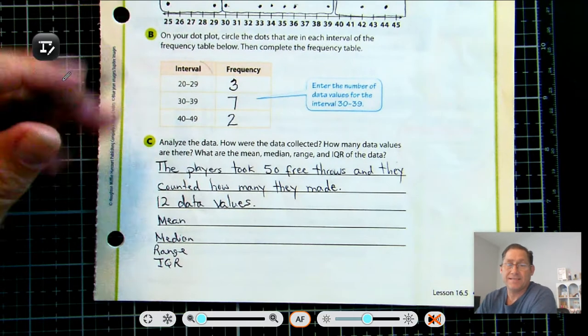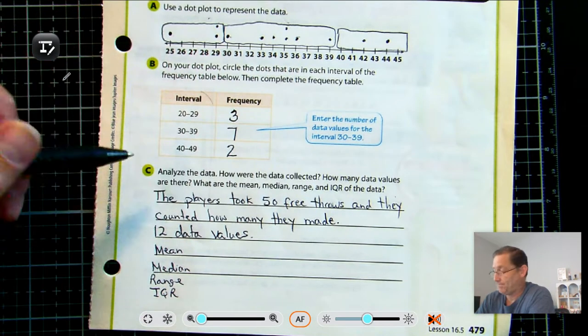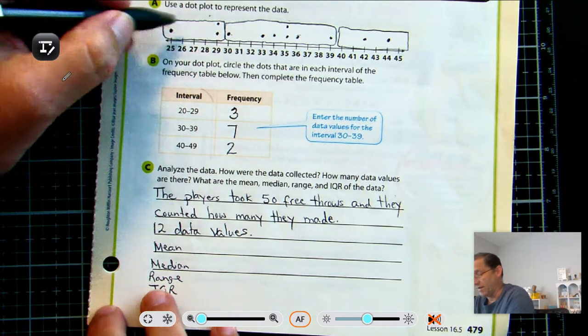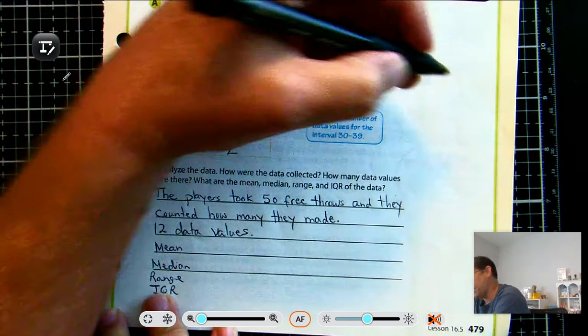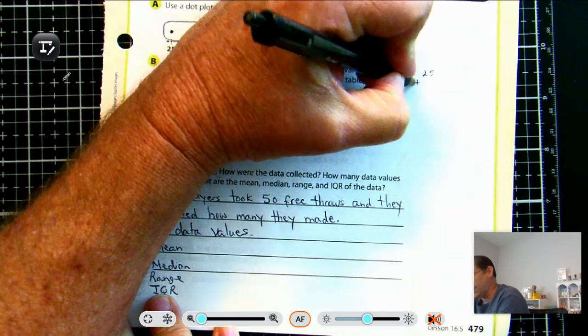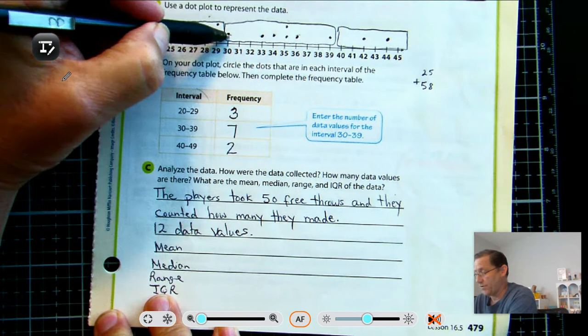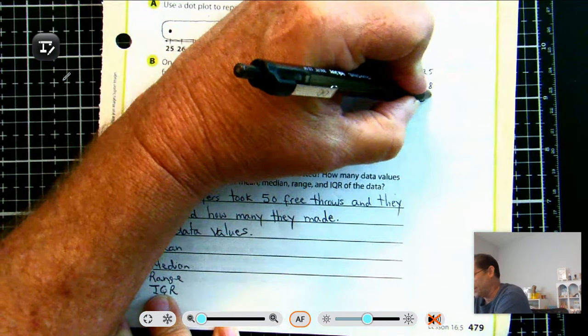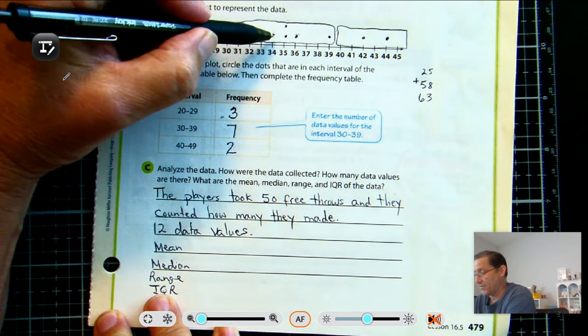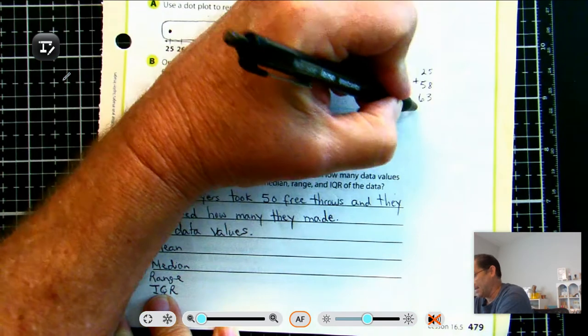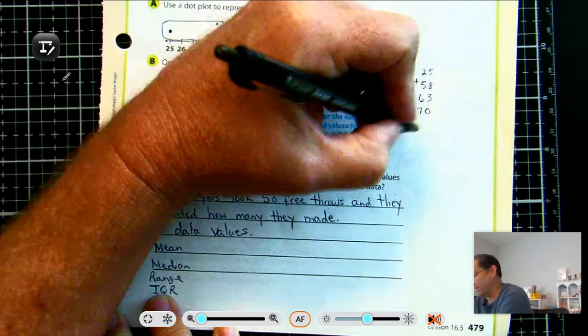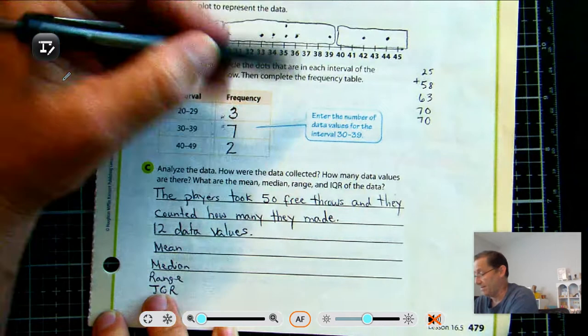All right, so the mean is the average of the numbers, right? So we can add them up. We have 25 plus 29 and 29 is 58. 30 and 33 is 63. 34 and 36 is 70. 35s is 70.